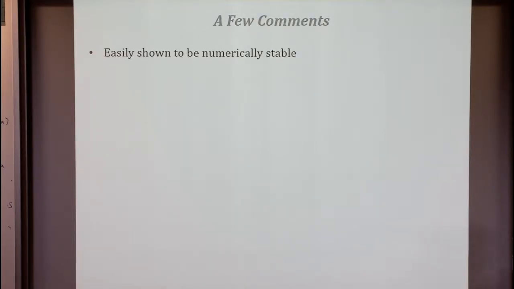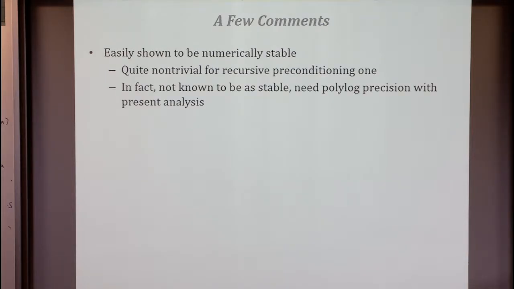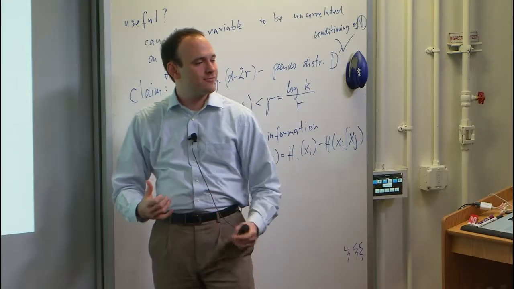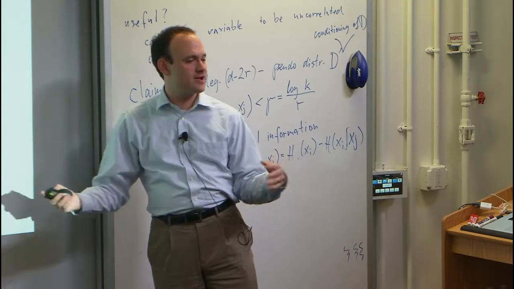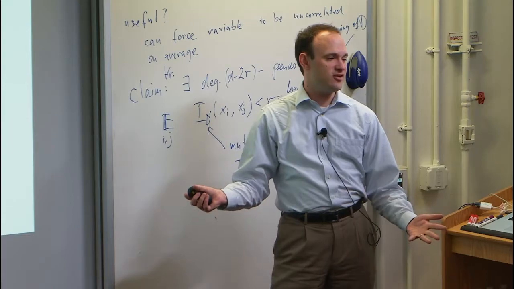The first one is that numerical stability of this is super easy to prove, which I think is nice. For the algorithm I gave in the last lecture, to make the analysis rigorous using things that are already out there in the literature, you need to use polylogarithmic precision.